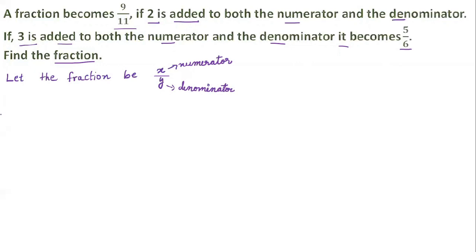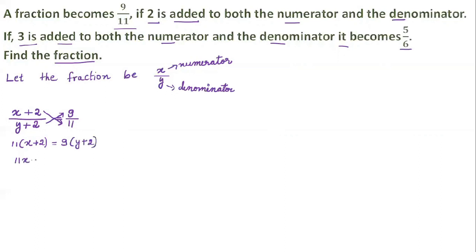Now, if we add 2 to both numerator and denominator, that is x plus 2 by y plus 2 is equal to 9 by 11. Now, simplify this equation and bring it to the standard form. Cross multiply. 11 into x plus 2 is equal to 9 into y plus 2.